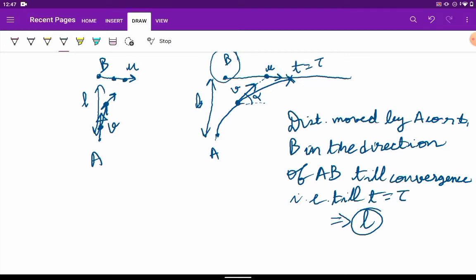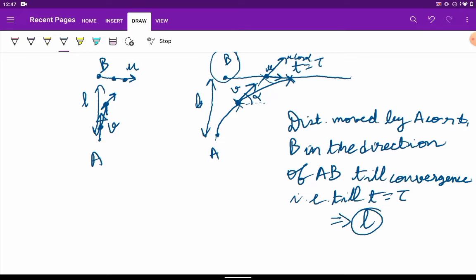One thing that is really important here is the direction joining the two points. This is the line joining the two points at some time t. B's velocity has a component of u cos alpha in that direction.